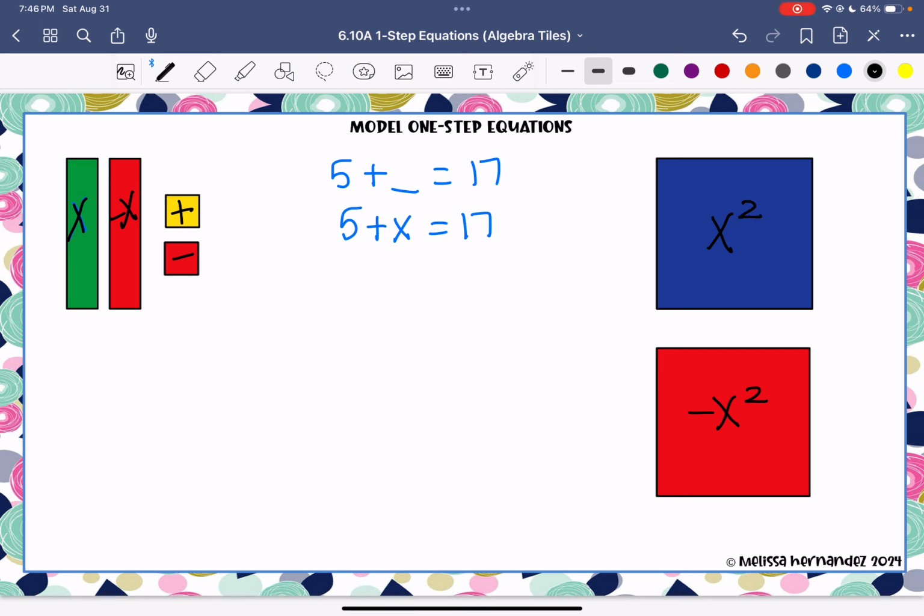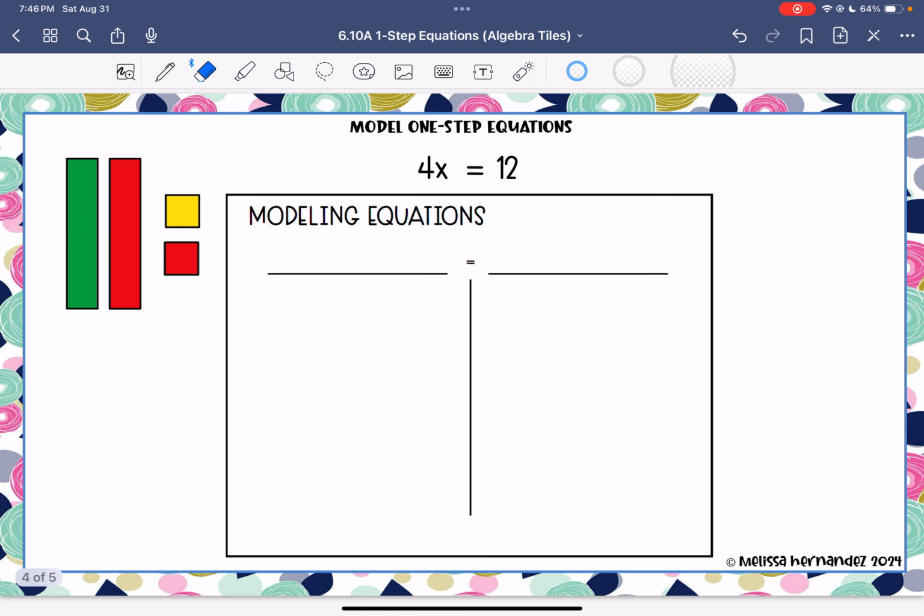Now, we'll use equation maths to solve along with the tiles to solve for our unknown because we want to get one positive x all by itself. Okay, so in this case, it's 4x equals 12. So 4 is your coefficient. No one ever asks you that.